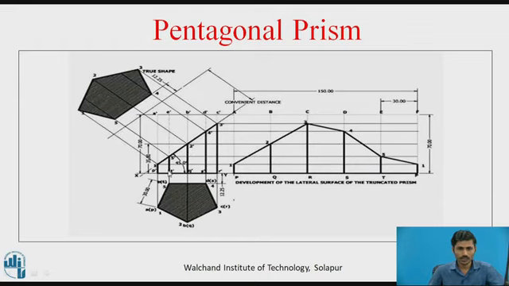Basically, the first vertical edge is P to A, this one is T to 5, this is Q to 2, S to 4, and R to 3. These are the vertical edges we get in the front view. Now here the cutting plane is at an angle of 45 degrees with HP.